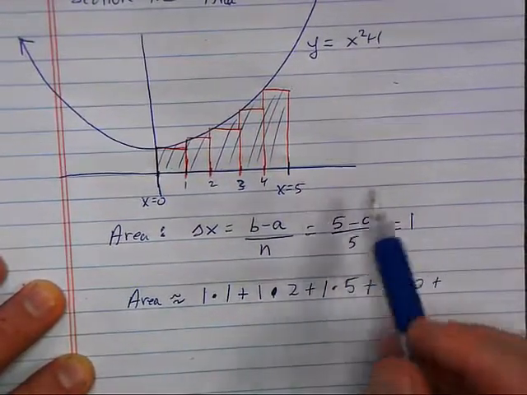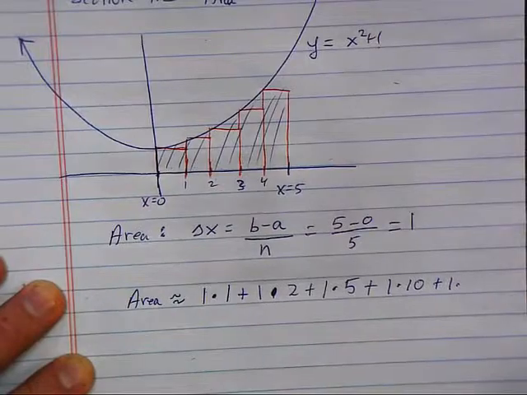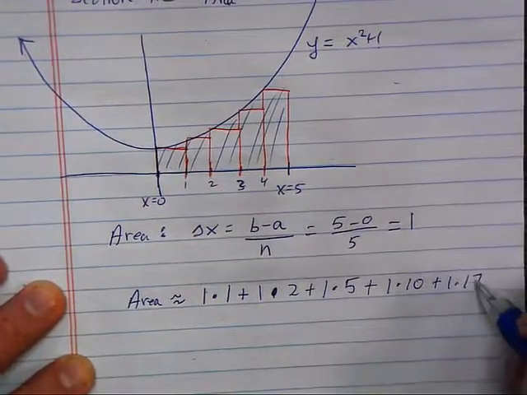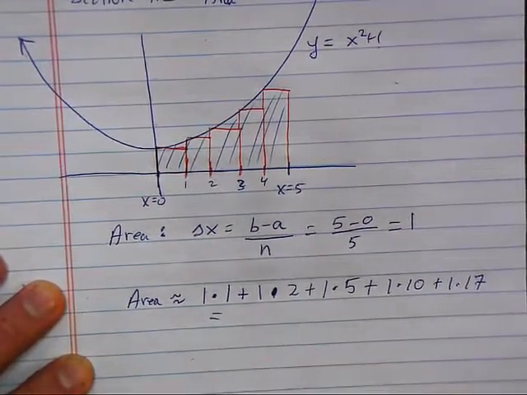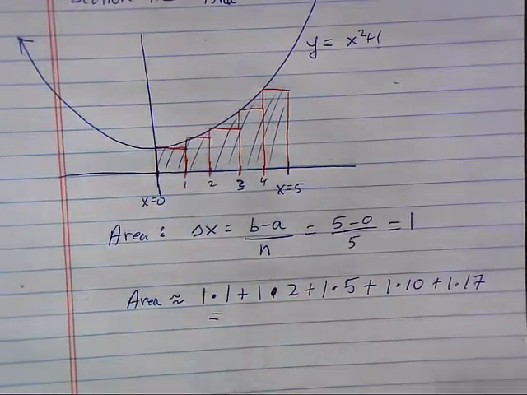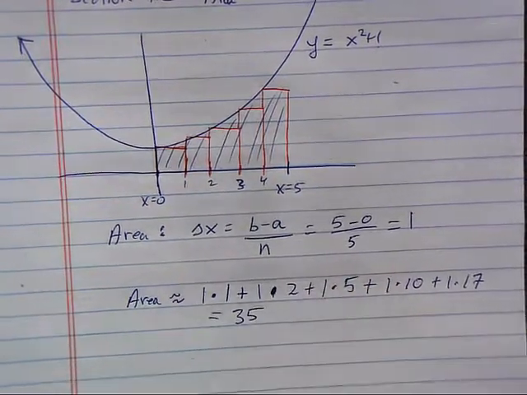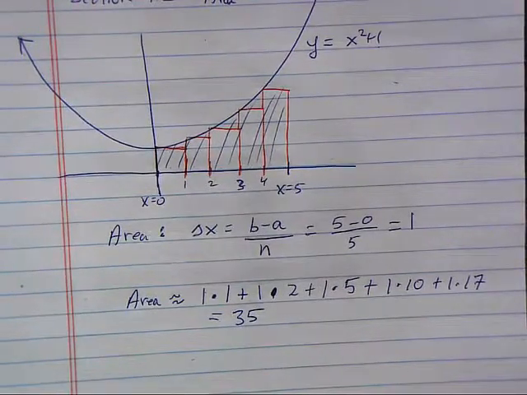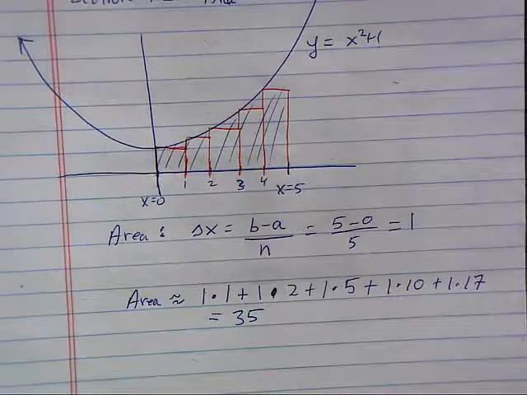Plus, the last rectangle is 1 by 17. So we add those up. 17, 27, 32, 34, 35. So our answer would be the area is approximately 35. But we would know that that answer is too small for this problem. Questions on that?